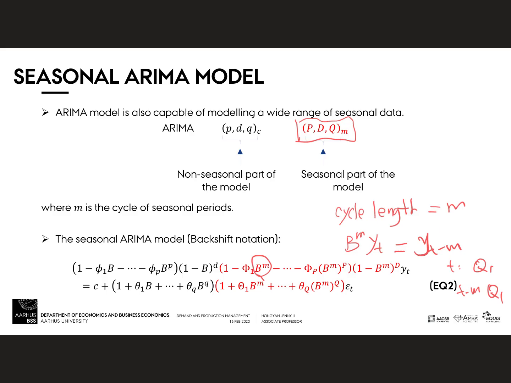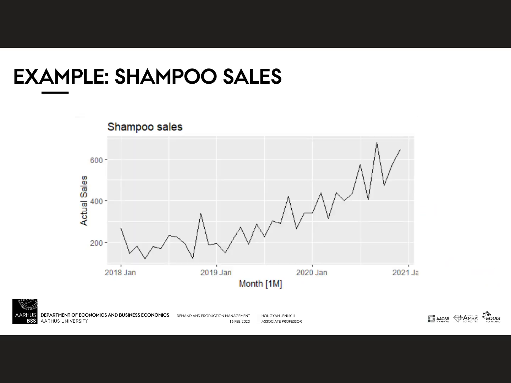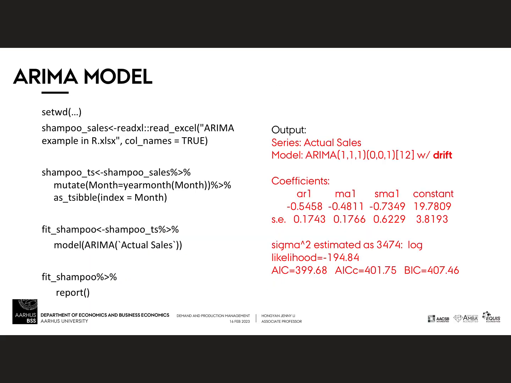So only if you remember or you prefer to know more about this model, then you can go for that. But in most cases, the backshift notation will be sufficient for you to explain. So here we have our shampoo sales, and then we try to fit the shampoo sales into the ARIMA model.